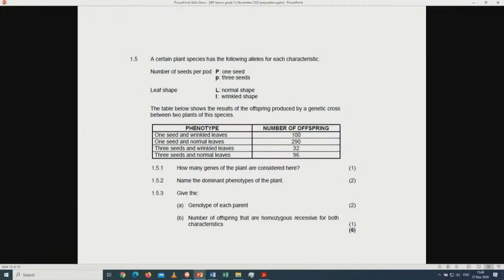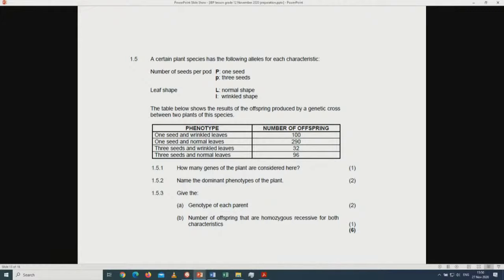Now, if you do an example on a dihybrid cross, remember now we are looking at 2 characteristics at the same time. It is different from a monohybrid cross. In a monohybrid cross, it's 1 trait at a time. Now, a certain plant species has the following alleles for each characteristic: number of seeds per pot, dominant is 1 seed, and recessive is 3 seeds.